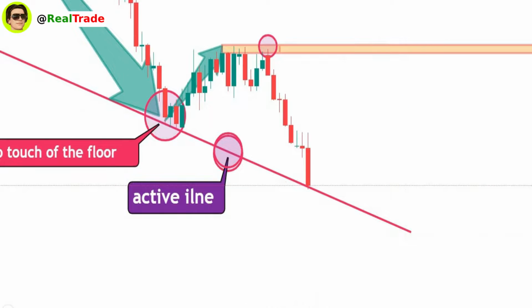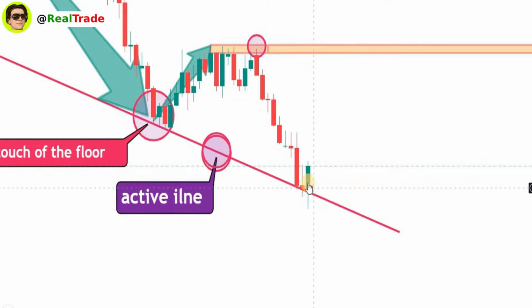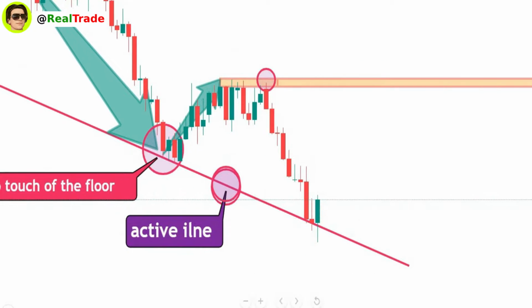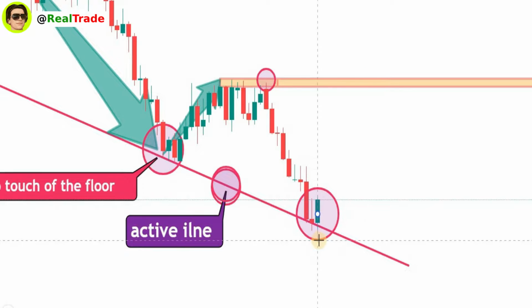Yes. Next candle. Next. Yes. Very good. Good candle. Return candle. Back candle. Go buy. Yes.